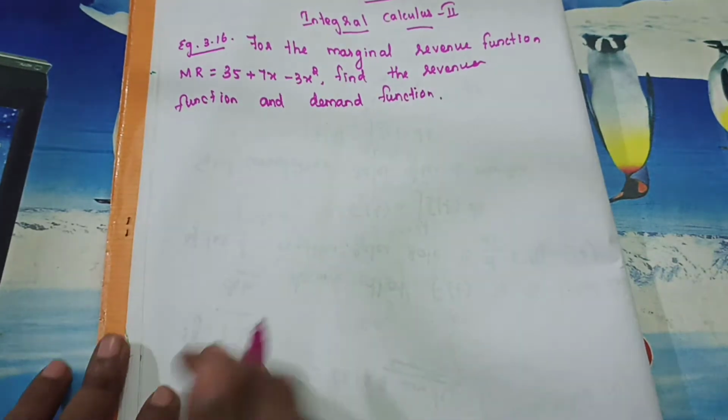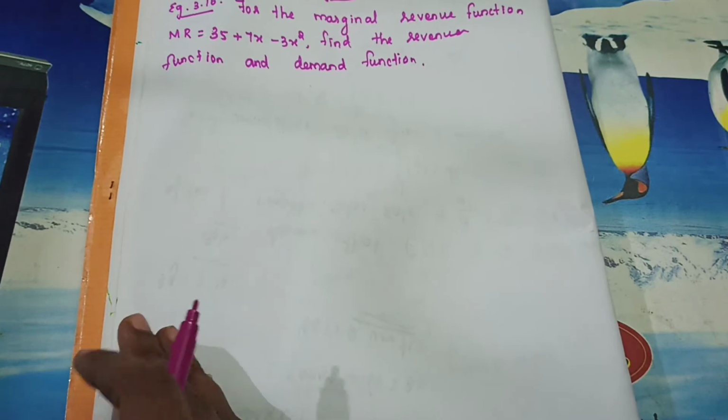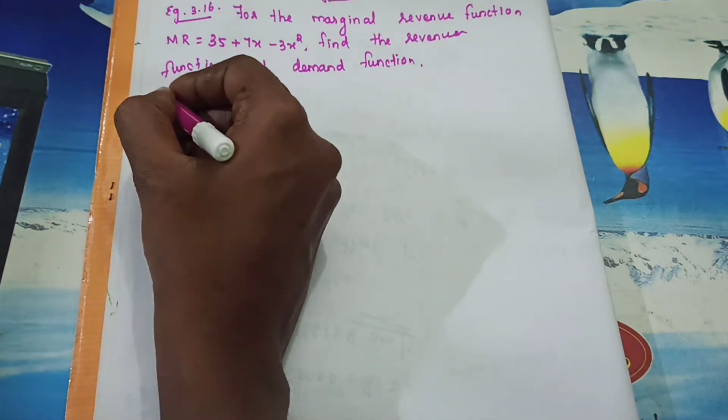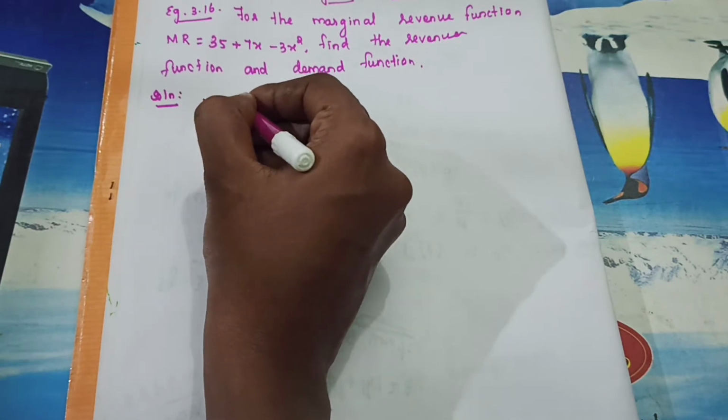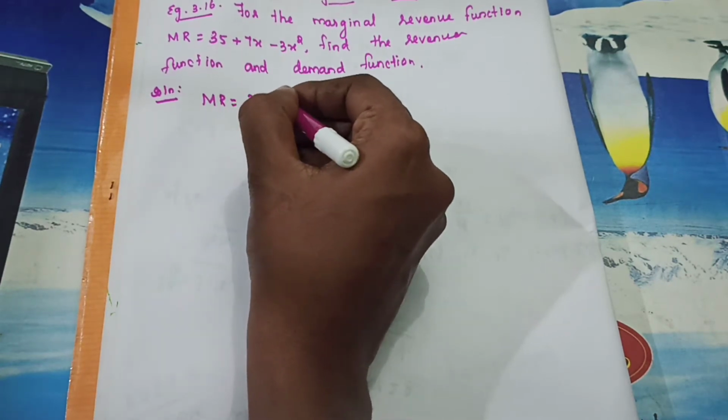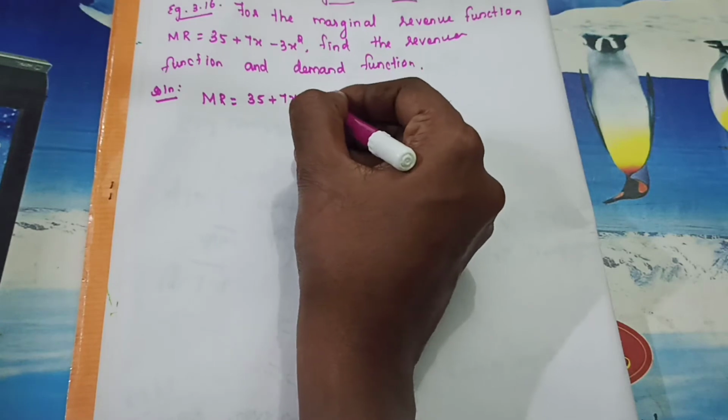Now we have learned the formula for the revenue function and demand function, so we are going to do that. Solution. First, given MR. What is given? 35 plus 7x minus 3x square.